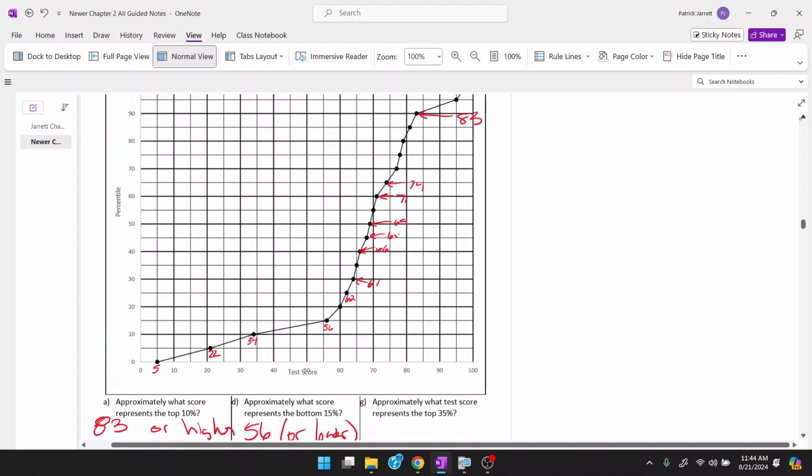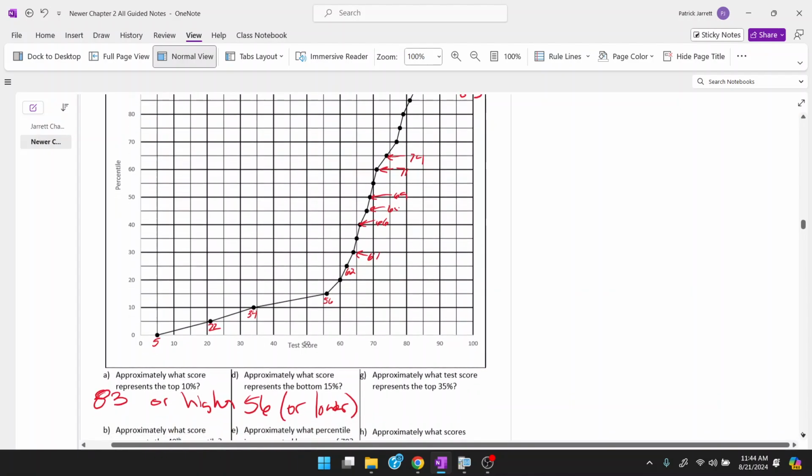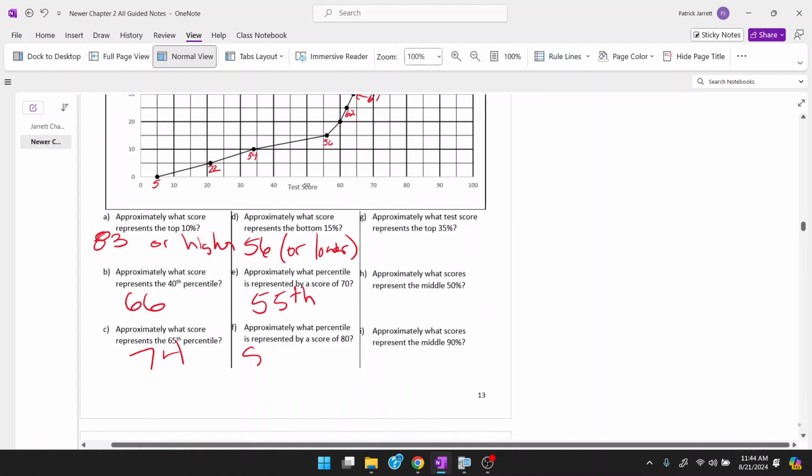And a score of 80. Now, here's a problem. There is no 80 on here. I would not ask that on a test. I would have said 79 maybe, but we could say 82nd or 83rd. Now, approximately what test score represents the top 35%?